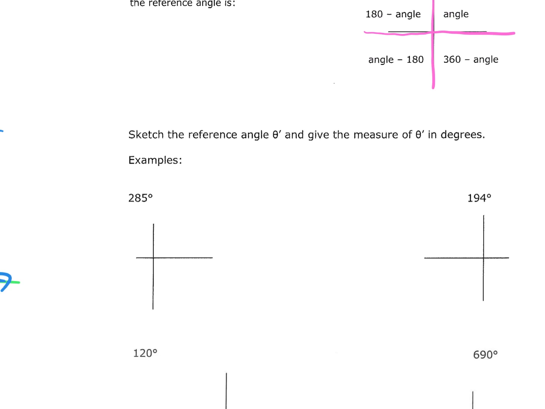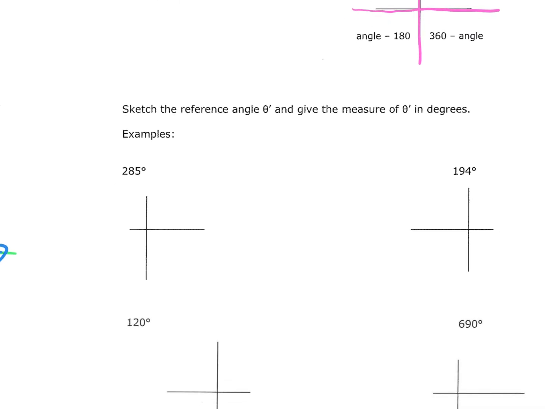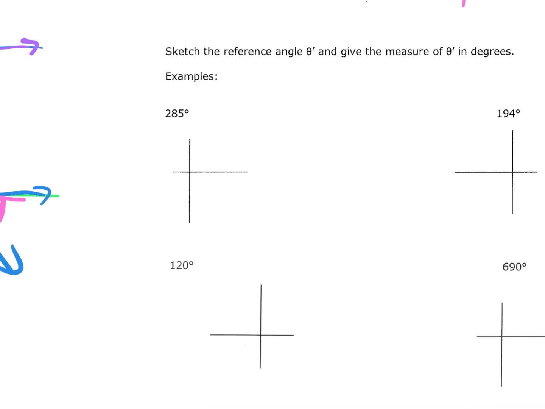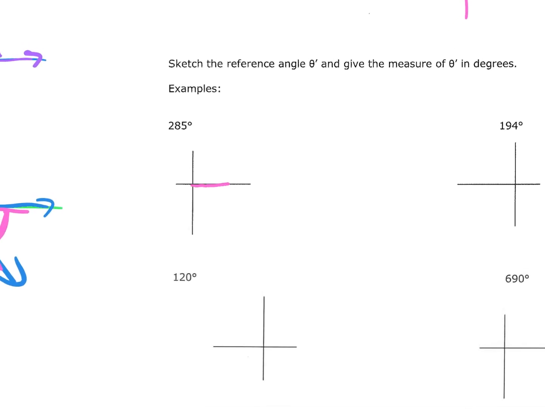So let's look at some examples real quick, and then I want you to try a few. It says sketch the reference angle, theta prime, and give the measure of what theta prime will be in degrees. So if we have 285 degrees, I want you to think about the fact that we're starting here and rotating around to this place.